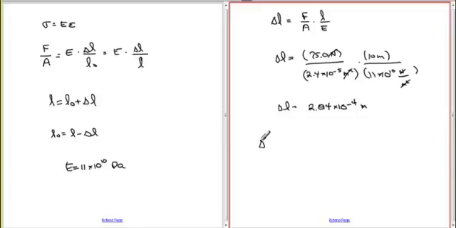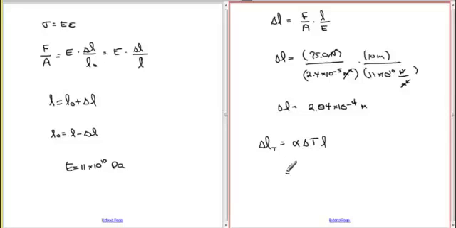So this is a delta L with respect to temperature, and we know that is going to be alpha times delta T times L, the original length, or delta L over L is alpha times delta T.